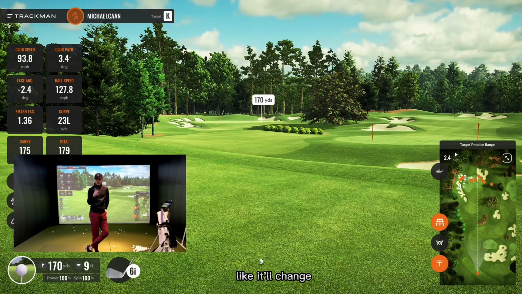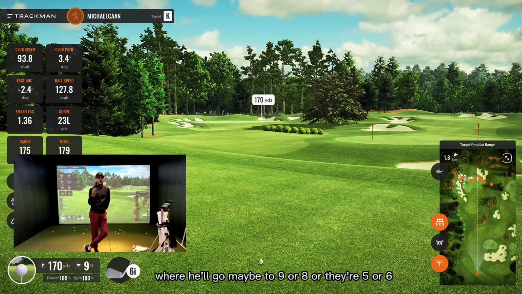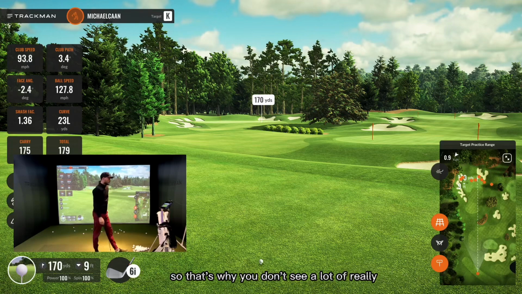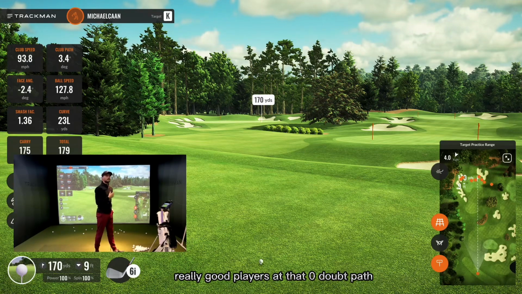Like Brooks Koepka, he's got a 7-degree left path, right? So he hits fades. If he fluctuates to 9 or 8, or 5 or 6, he's still going to hit fades. But if you're hovering at 0 all the time, you're going to go two directions, so all of a sudden you might start hitting fades or draws, because your path fluctuates every now and then. That's why you don't see a lot of really good players at that zeroed out path.